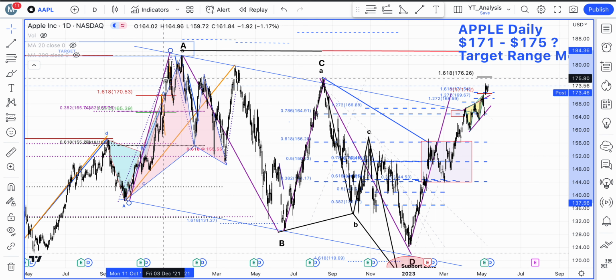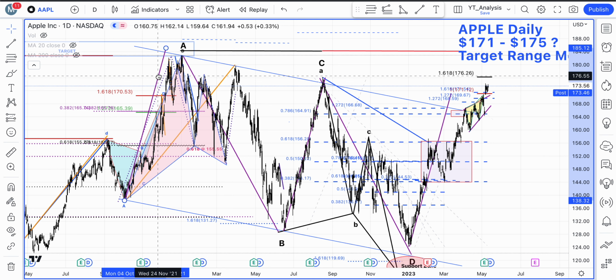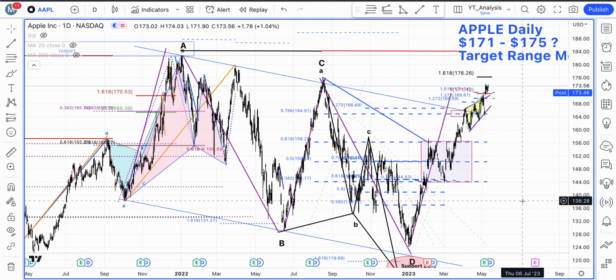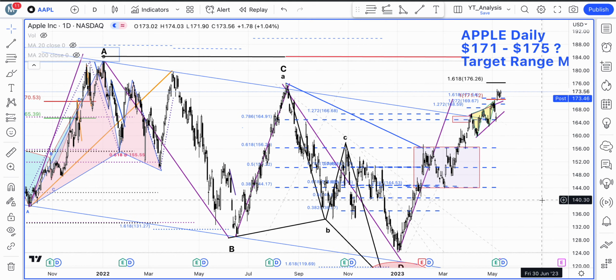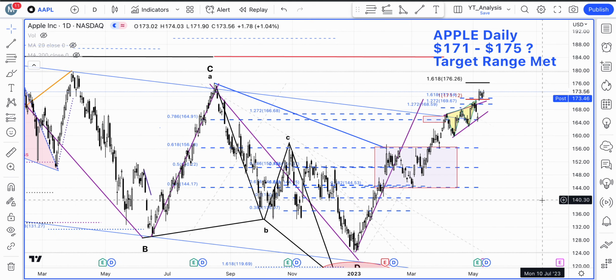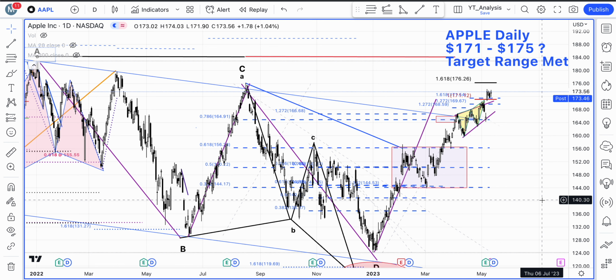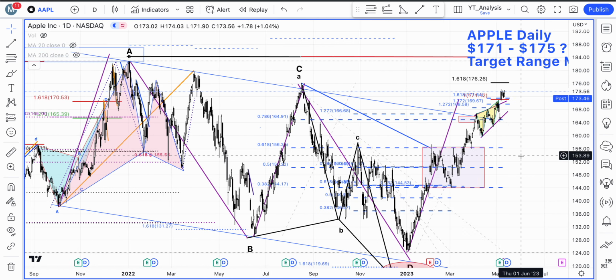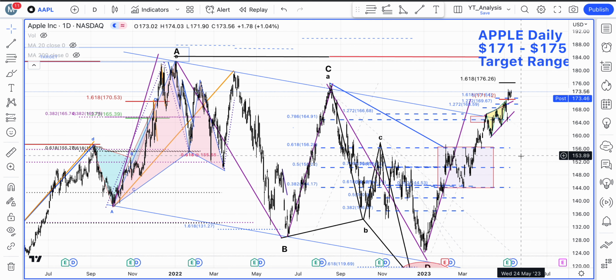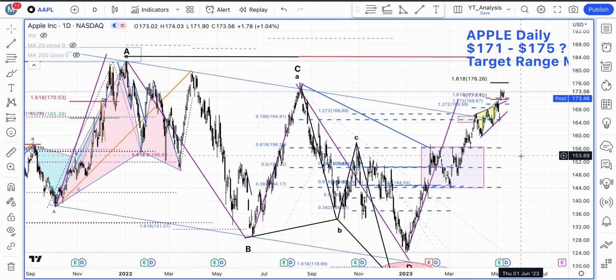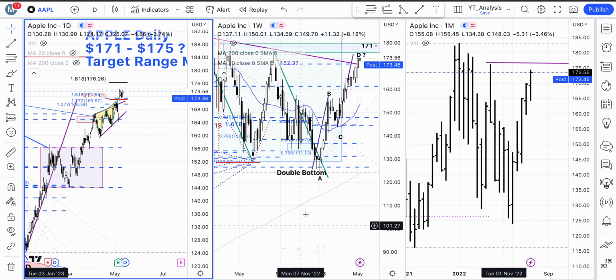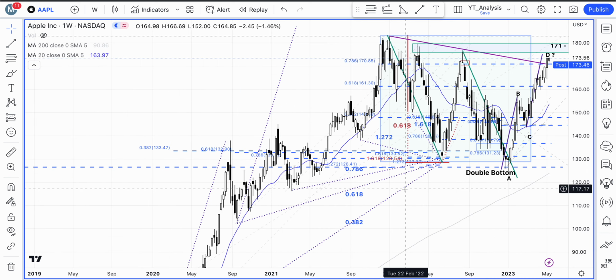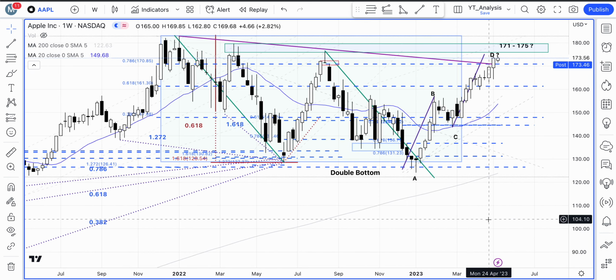Now the key part is that if this symmetry is broken, then what it means is that something has changed, and there is a possible change in the market structure. So breaking this symmetry to the upside is good for the stock, because it means that higher prices are then likely.